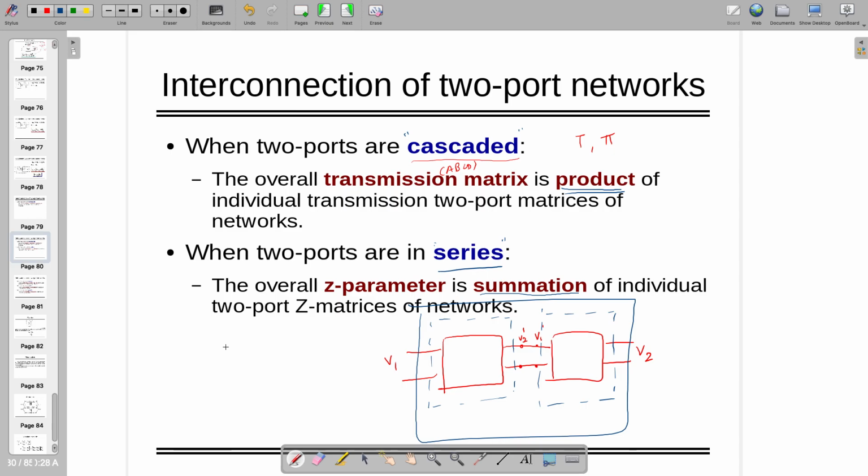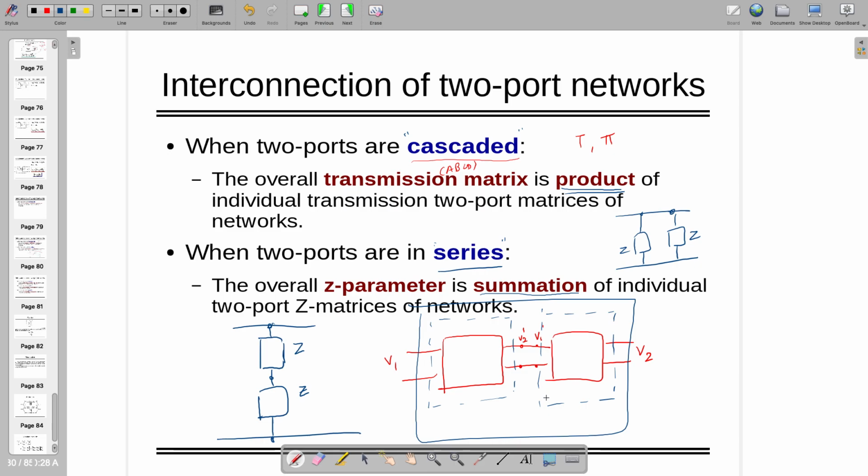This is called series. This is called parallel.